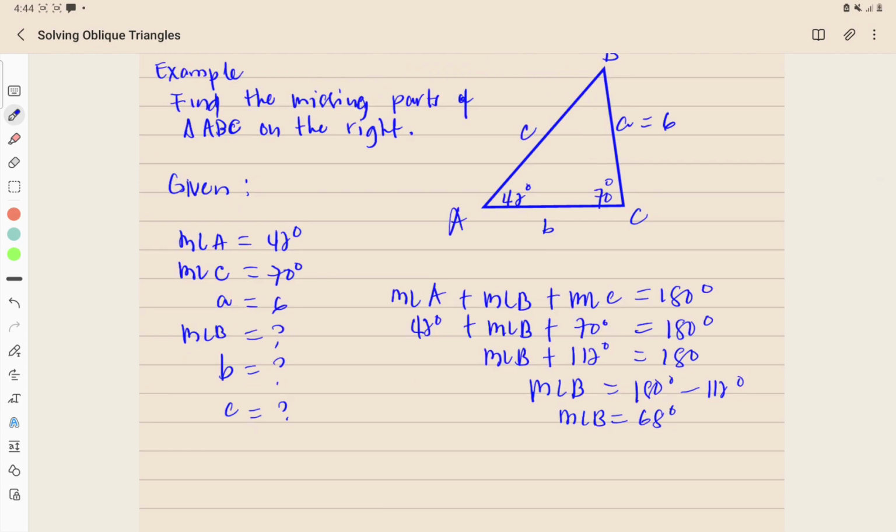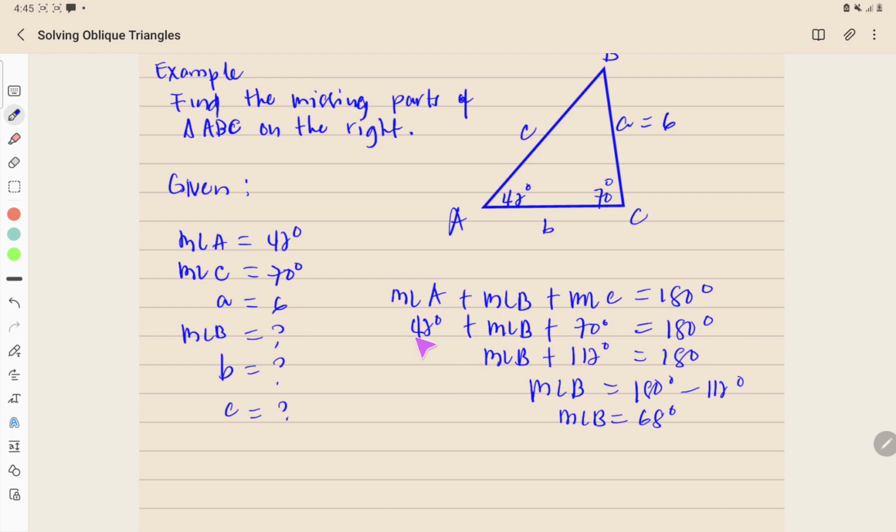Okay, so please be reminded that the sum of the measures of the angles inside a triangle is always 180 degrees. With this fact about triangles, we can now solve for the measure of angle B, because we already have A and C. Plugging in the values, 42 degrees plus the measure of angle B plus 70 degrees is equal to 180 degrees.